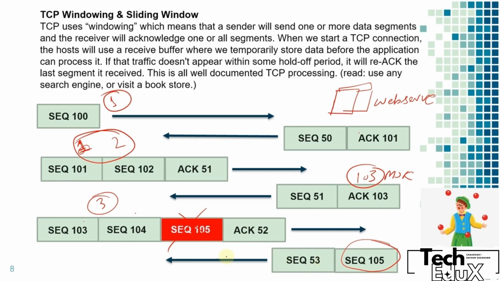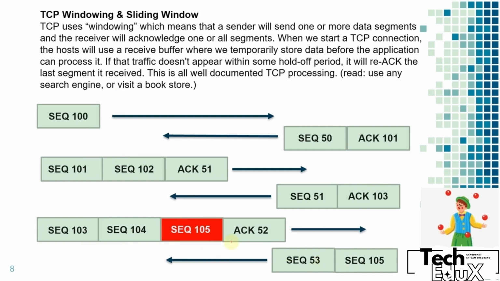So this is the acknowledgement of this sequence number. Whereas after acknowledging 101 back to the client, the client is going to send a sequence number 101 and acknowledgement number 51.